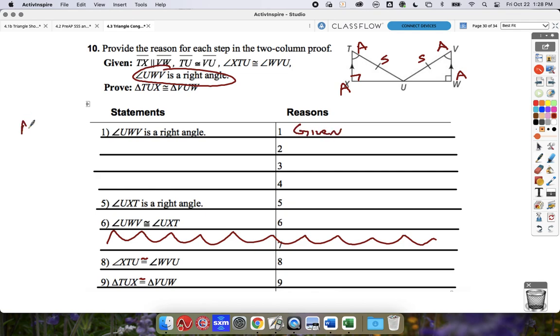And we're trying to use AAS. So that's A. That's not an A. No. That's just, it's a right angle. So I'm going to write the next given parts. TX is parallel to VW.